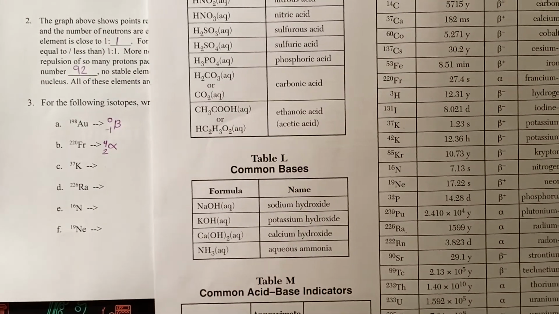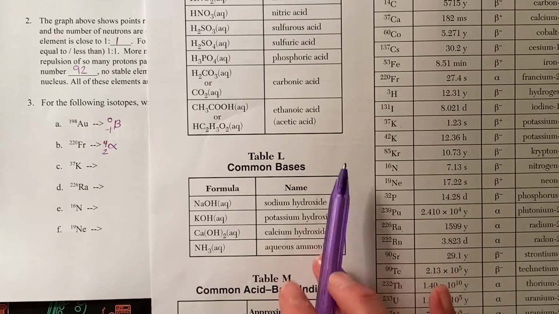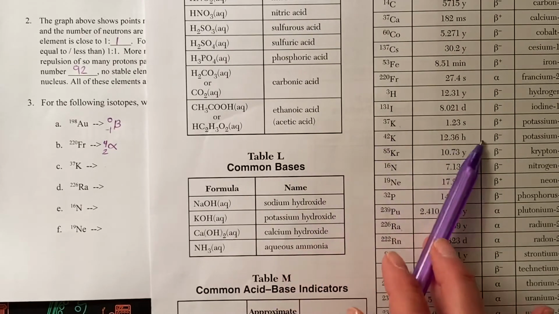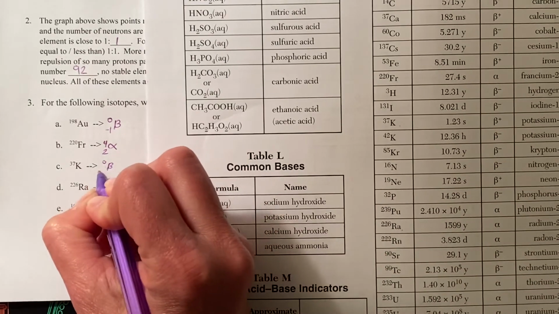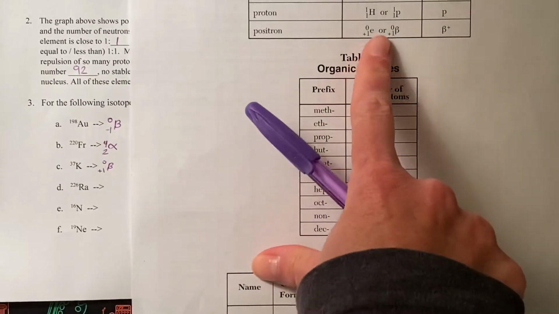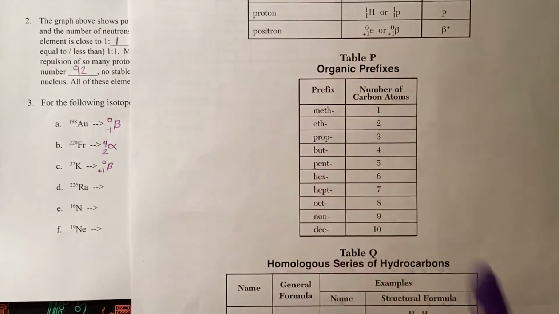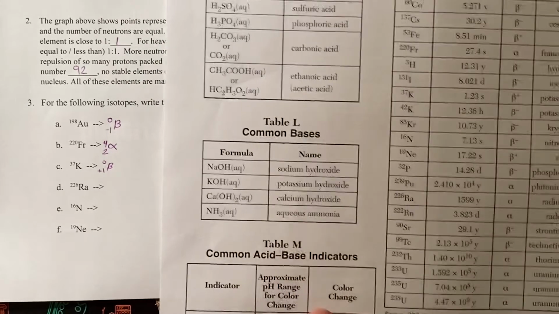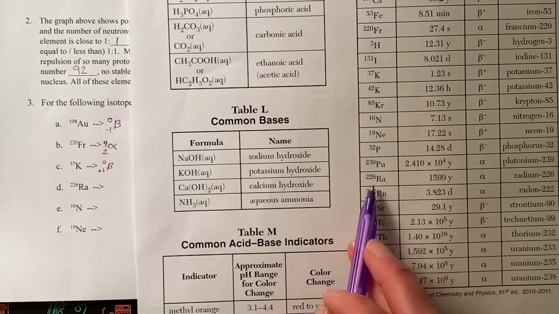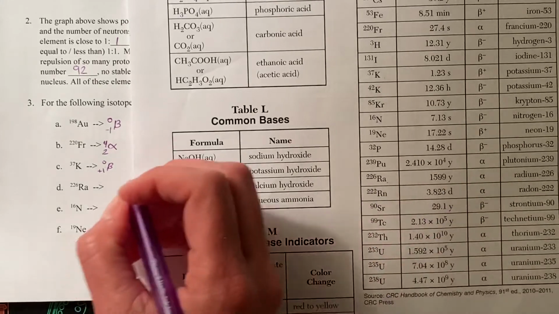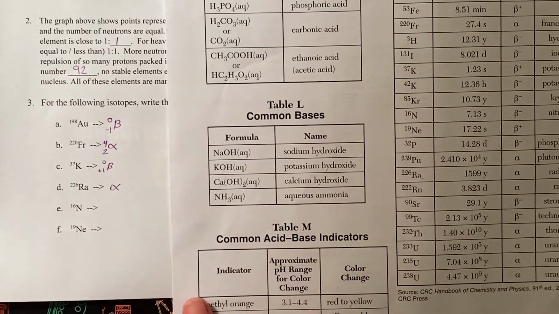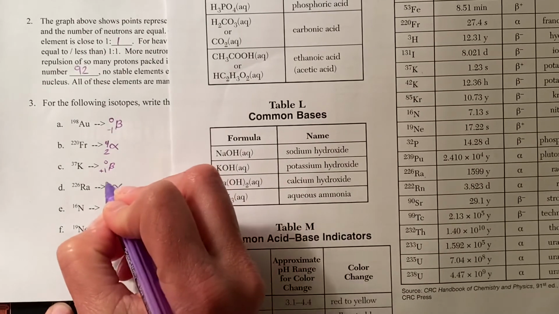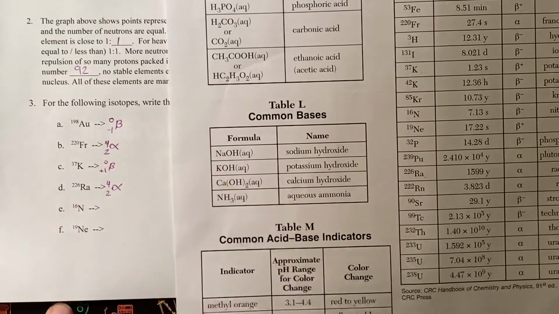Potassium 37, right here. Potassium 37, positron. So if you remember, if you flip over, the positron is kind of like a positive electron. Mass of 0, +1 charge. Ra226, alpha again, and alpha has that mass of 4 and a charge of 2.